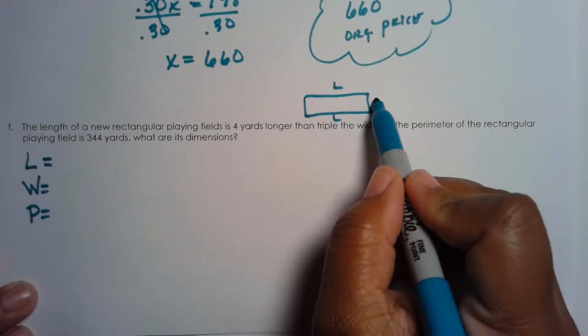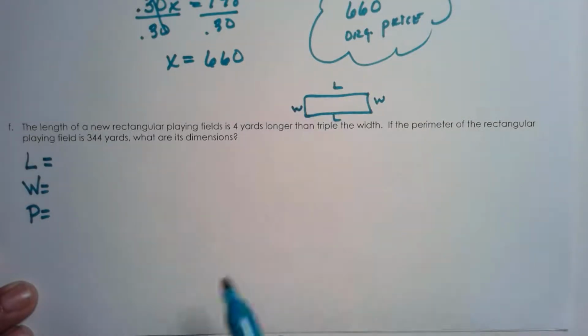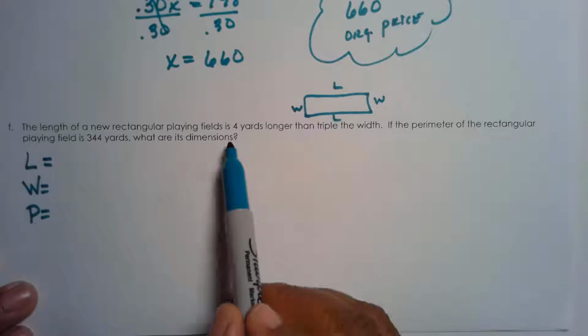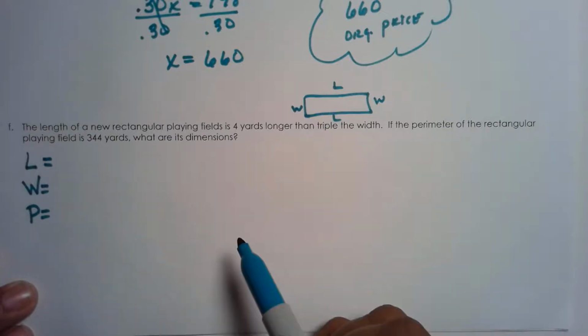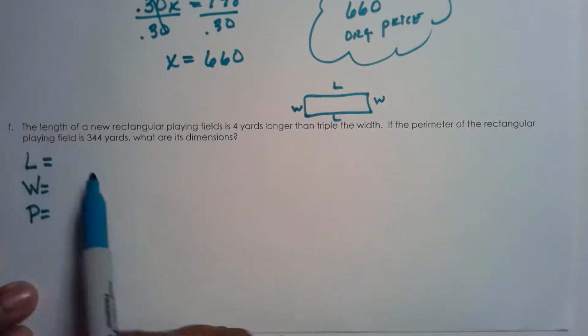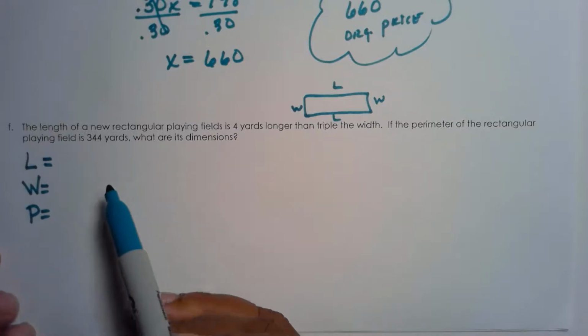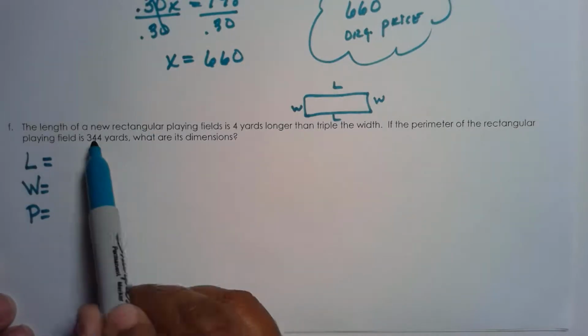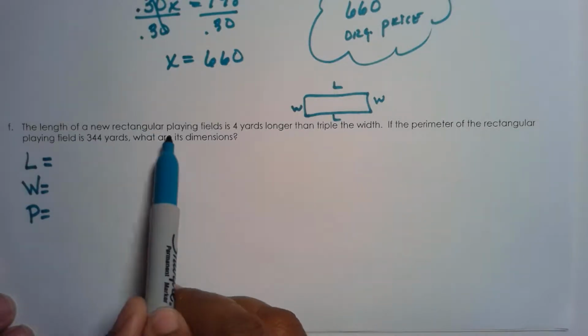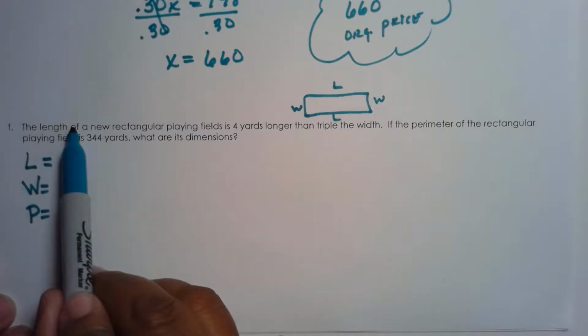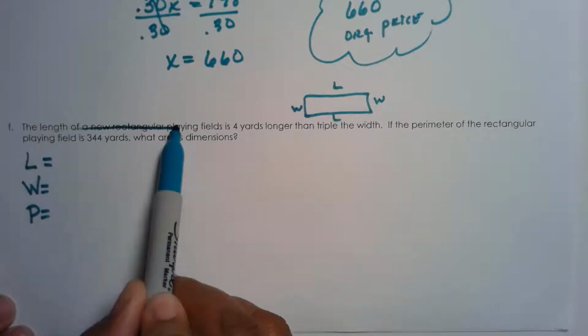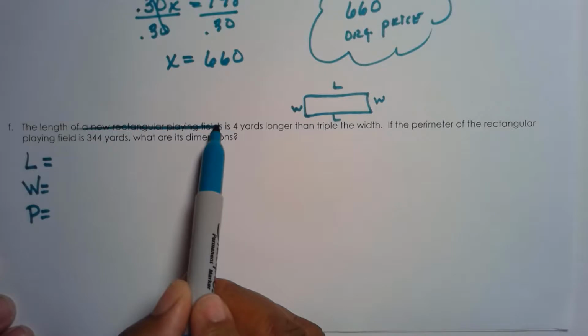Opposite sides are congruent, meaning that they're the same. So let's look at the first sentence. It says the length of a new rectangular playing field is. Let's cross out a new rectangular playing field. We know it's a rectangle at this point.